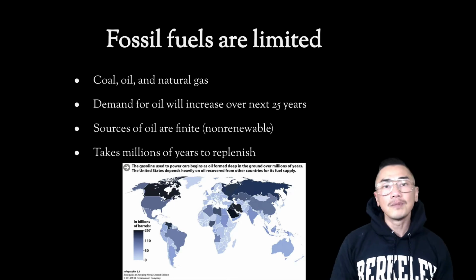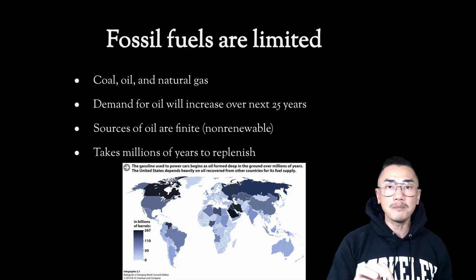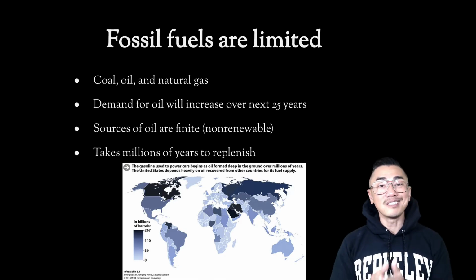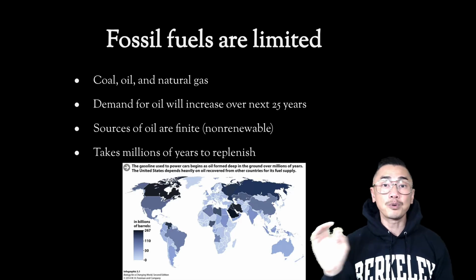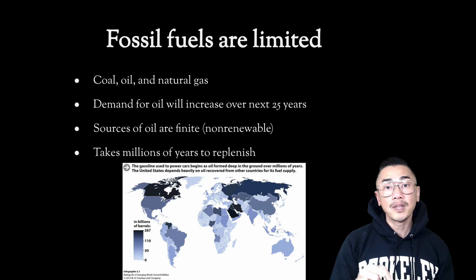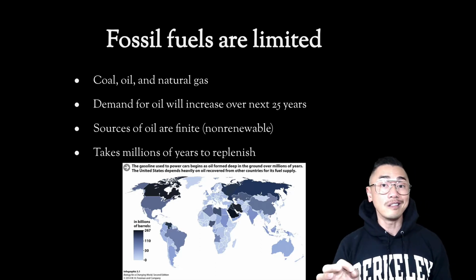On top of that, sources of oil and other fossil fuels are finite or limited. They're known as non-renewable resources because it'll take millions of years to produce new supplies or replenish old supplies. Compare this with renewable resources like wind or sunlight.